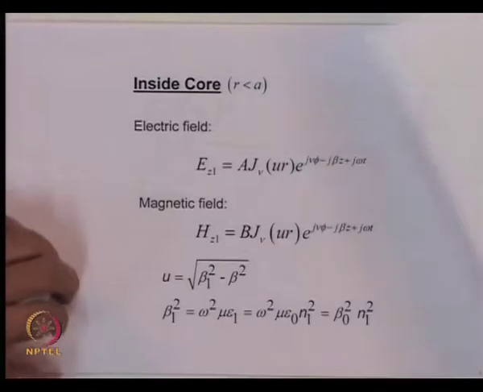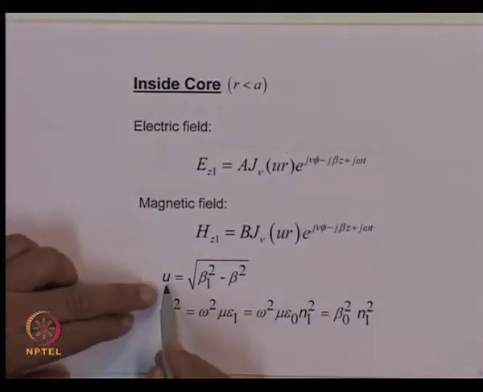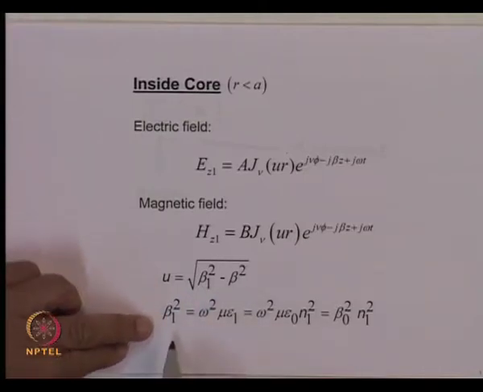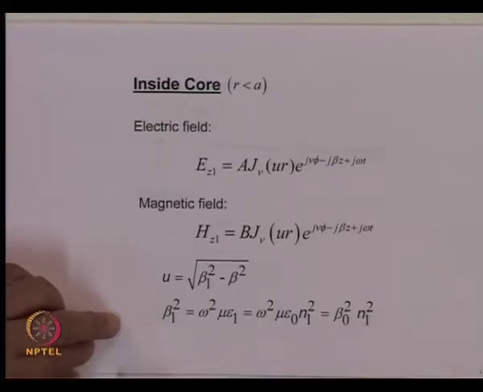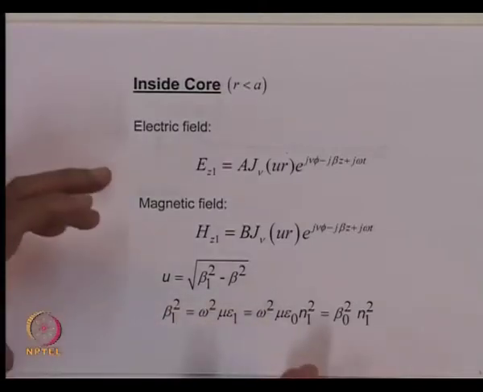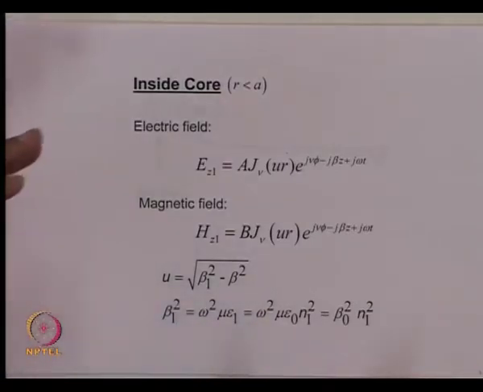So, if I substitute that, we can get this quantity U, which will be square root of beta 1 square minus beta square, where beta 1 square is nothing but omega square mu epsilon 1, which if we write in terms of the refractive index, is equal to omega square mu epsilon 0 into n1 square, which is equal to beta naught square into n1 square. This is nothing but the phase constant intrinsically in a medium of refractive index n1.